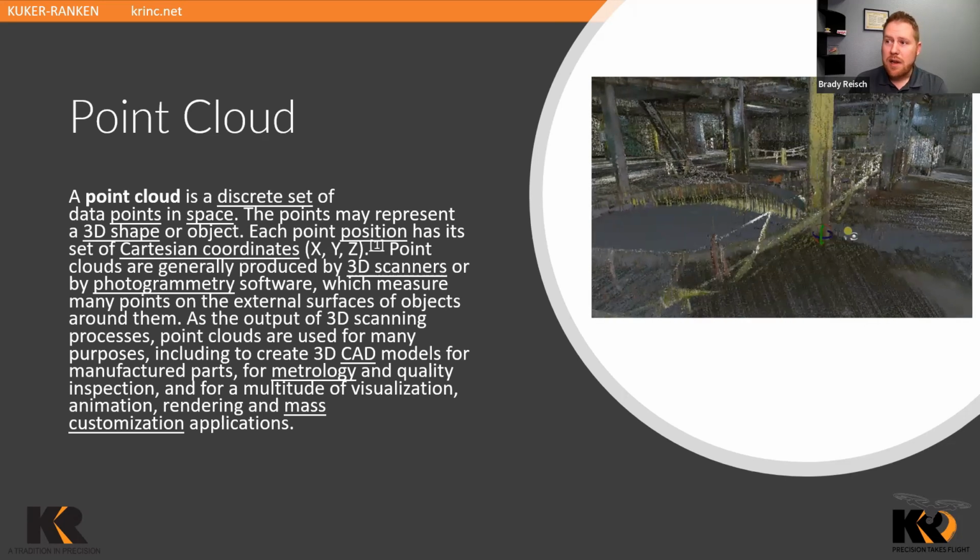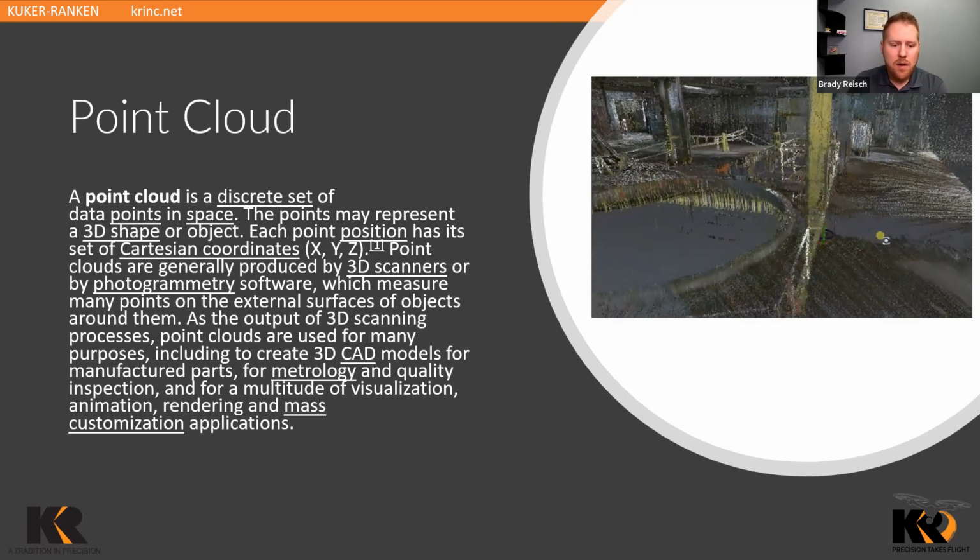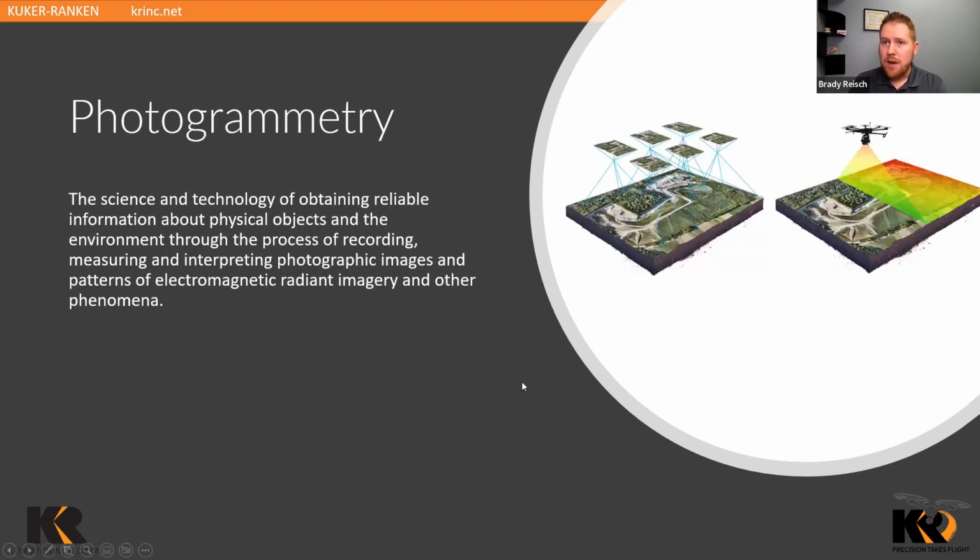The next thing that we need to understand is there are different ways to get a point cloud. The first one is photogrammetry. This is one of the easiest ways to do it as far as budget goes. With photogrammetry, we're taking these still 2-dimensional images, stitching them together, and then extracting a point cloud out of that in order to get an XYZ value for each of those points.